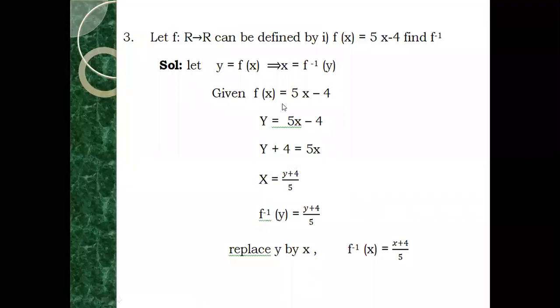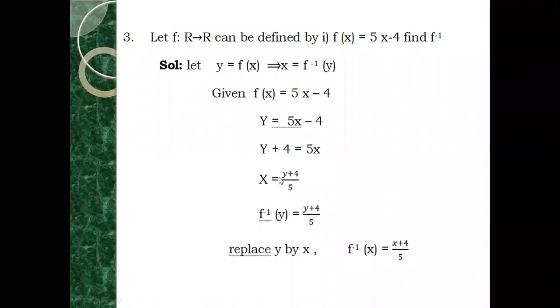So given f of x is equal to 5x minus 4. So here the f of x value is equal to y. Y is equal to 5x minus 4. So from this relation we get the x value.